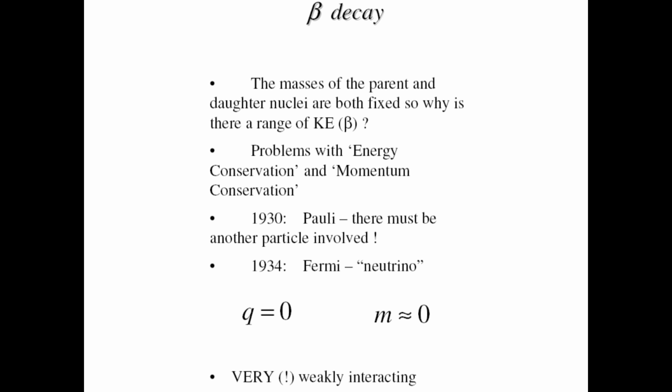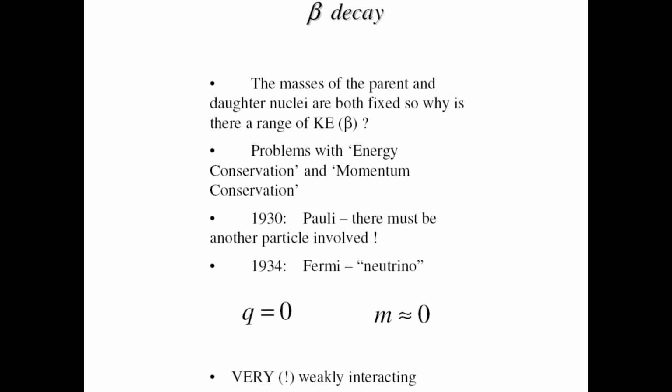It was in 1930 when Pauli suggested that there must be another particle involved. In the initial discussion of beta decay, there was a problem about energy conservation and momentum conservation, so Pauli in 1930 said that there must be another particle involved in the beta decay process.